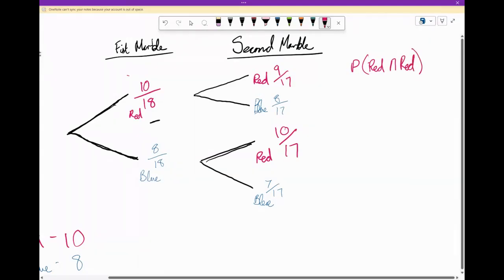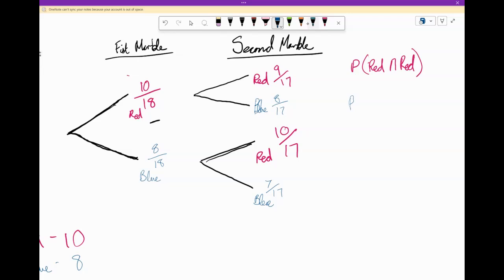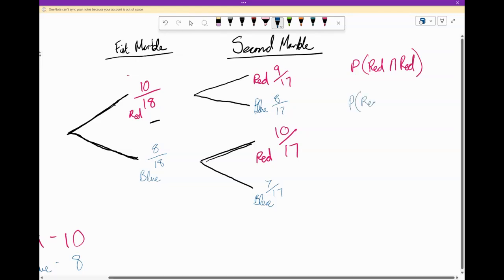Then here, blue, red and a blue, red and a blue.